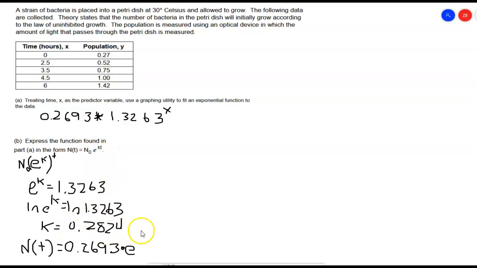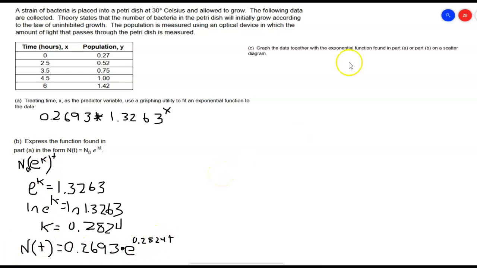This is our k, so we just write kt: 0.2824 t. And that is our answer for this question right there.